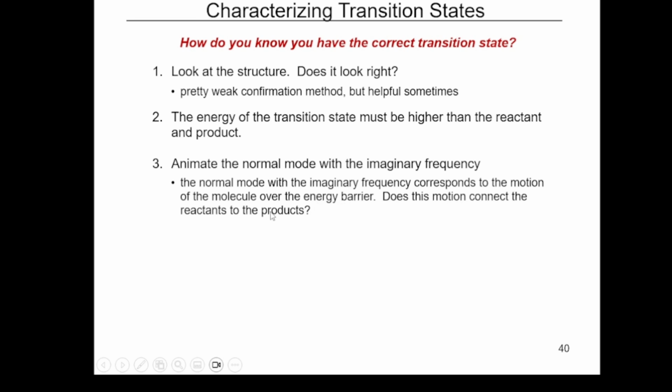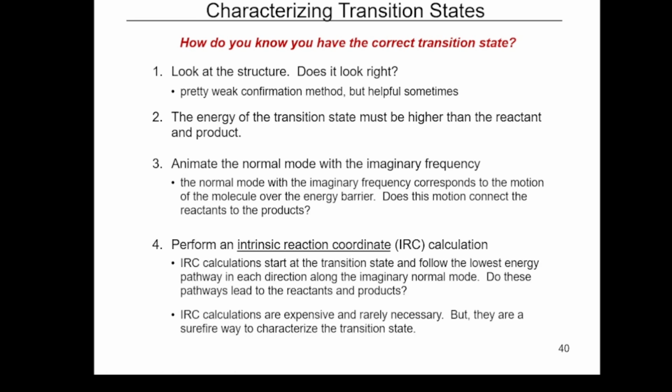If it connects the structures of reactants and products for your reaction, then you got the right transition state. So animation of the normal mode is a better approach as compared to looking at the structure or the energy of the transition state. But the surefire way to confirm a transition state is to perform an IRC calculation, intrinsic reaction coordinate.